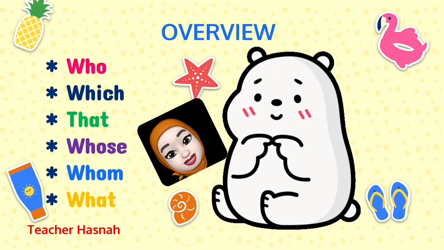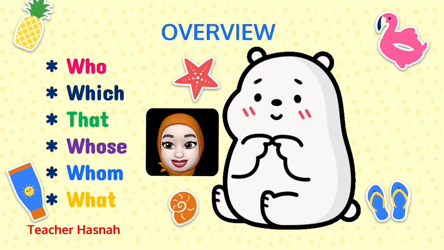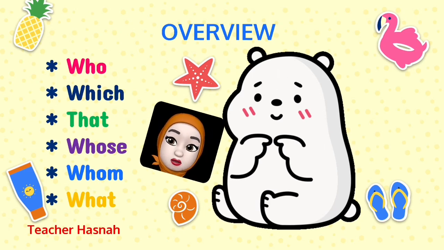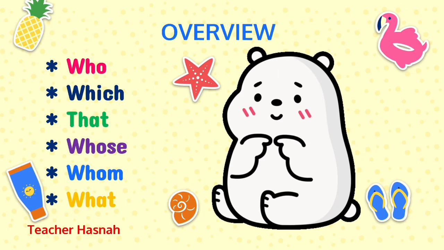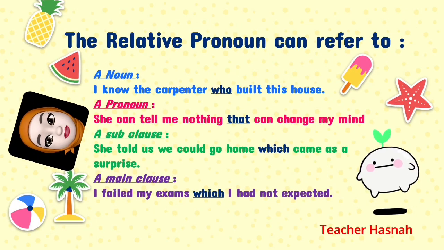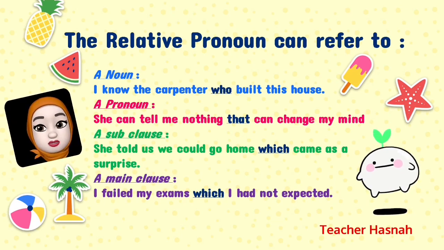In this lesson, we are going to see how and when we are going to use who, which, that, whose, whom, and what. The relative pronoun can refer to several things. A noun.